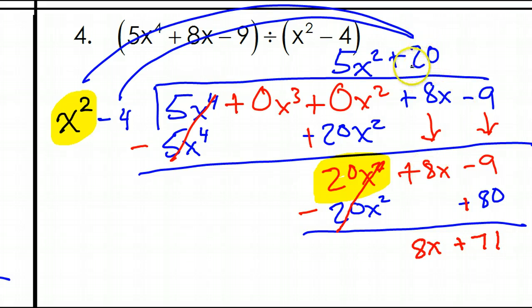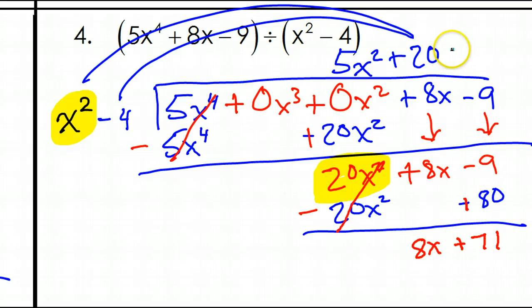Okay, now as soon as we got to the constant, I knew I was finished with this part of the problem. And whatever is left is the remainder. Besides, there's nothing else I can multiply. If I said x squared times what will be 8x, well, you can't multiply by something and have fewer x's. So this is the remainder.